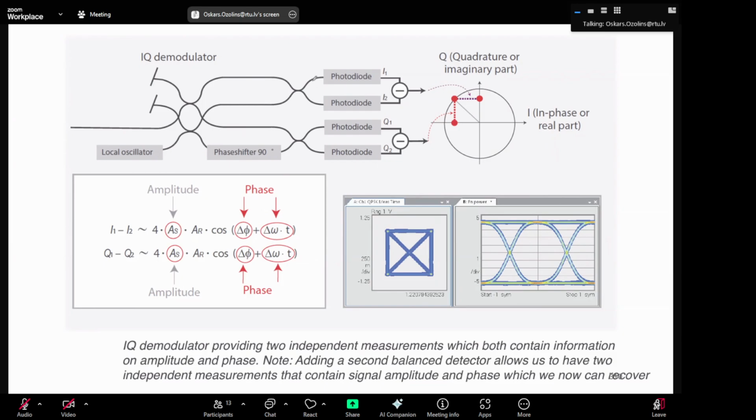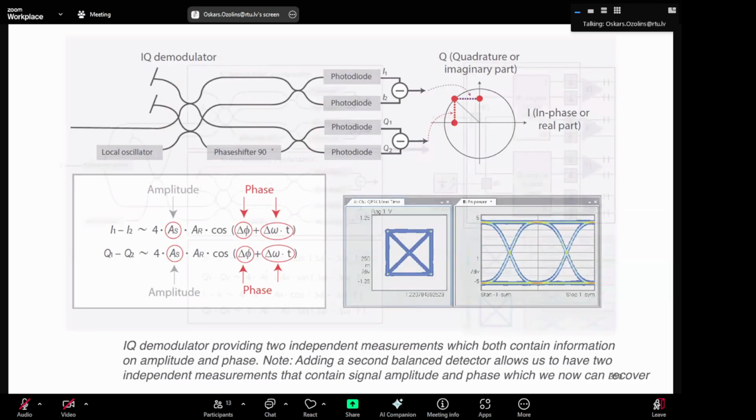This part here is called an optical hybrid. Right. So then you can get amplitude and phase. So you can measure amplitude and phase. You have I and Q components. So that's what is needed.